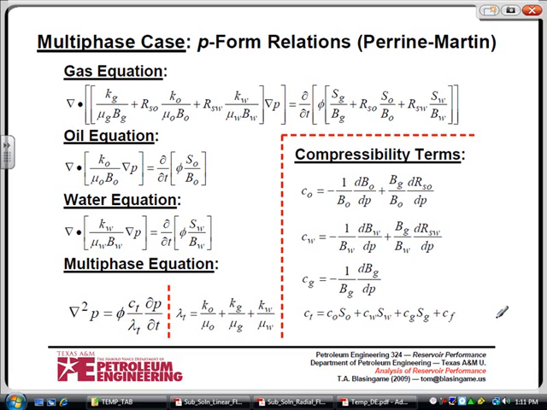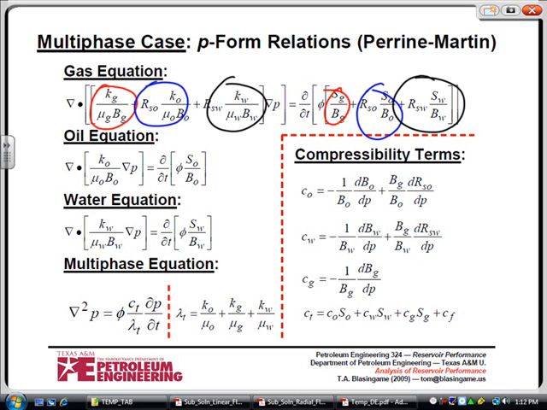Right there. Where's the term for getting gas out of oil? There. Where's the term for getting gas out of water? There. So red is free gas. It's like Russia used to be before the fall of the Soviet Union, right? They gave away their stuff. Now they've become capitalists, which is kind of cool.